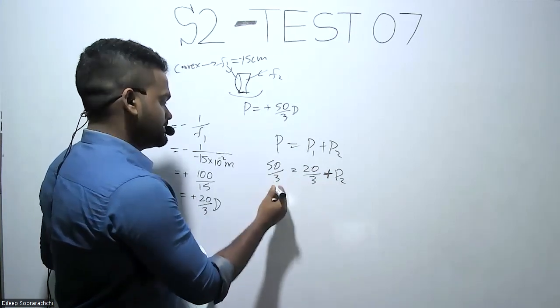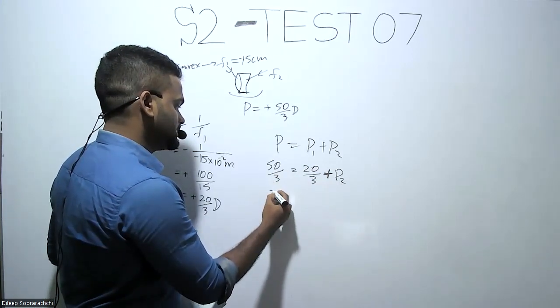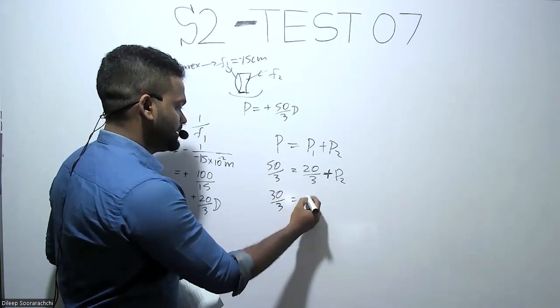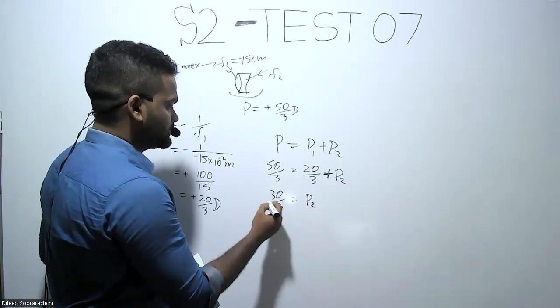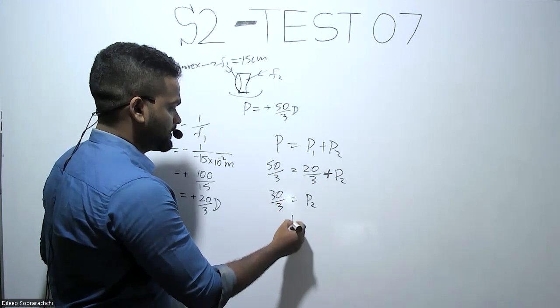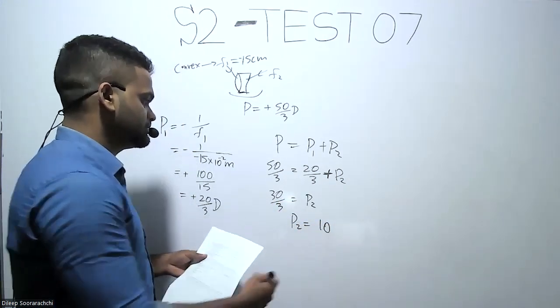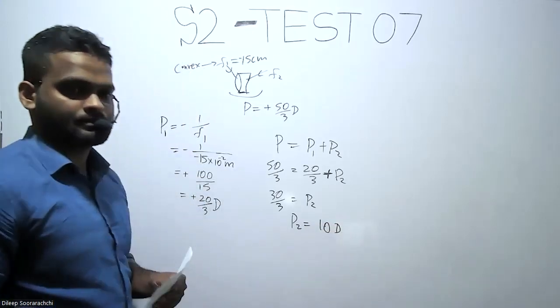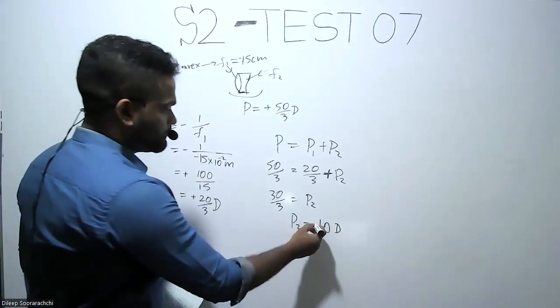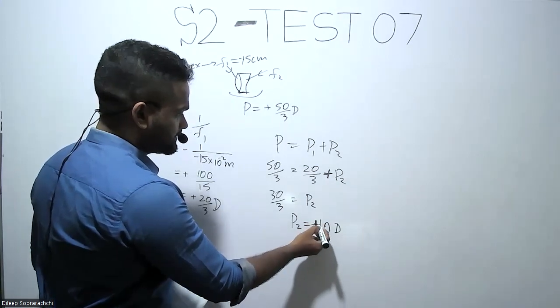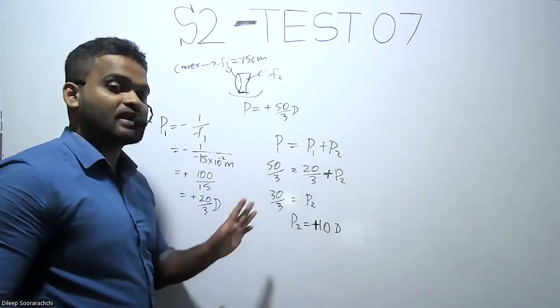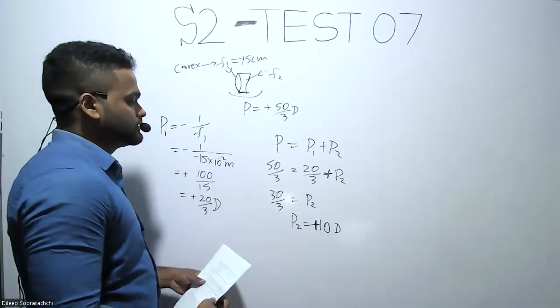If you take this to this side, it becomes 30/3 equals P2. 30/3 is 10, plus 10 diopters. So we got a positive value here, meaning that this has to be a convex lens, right?